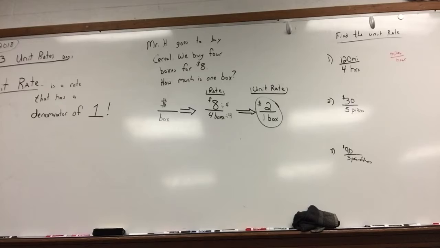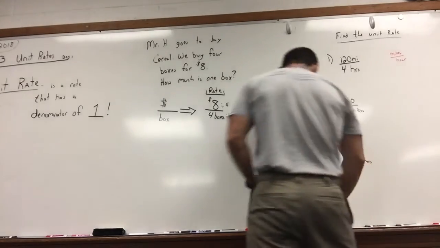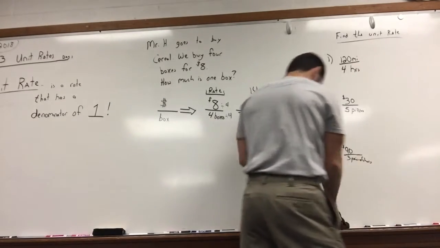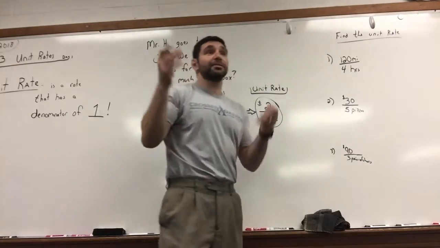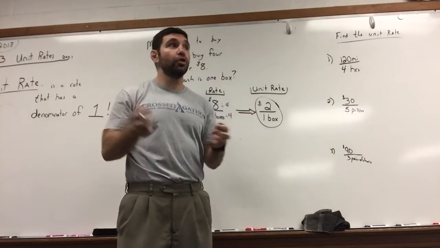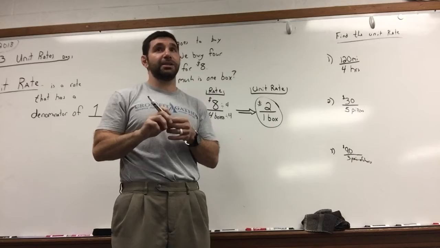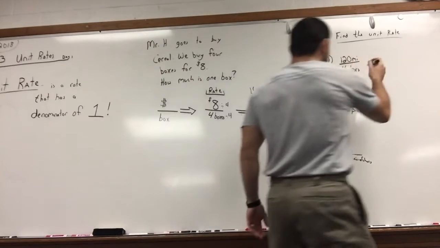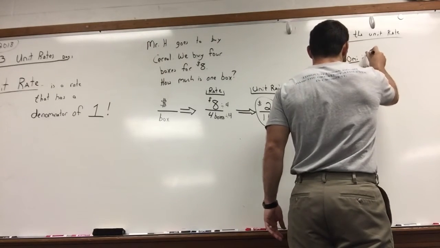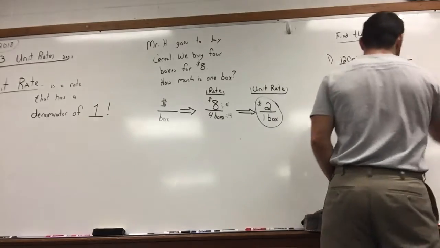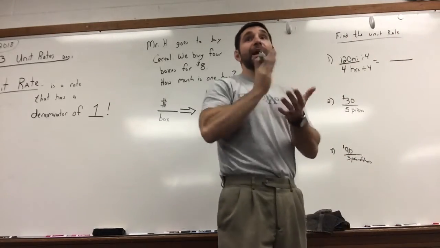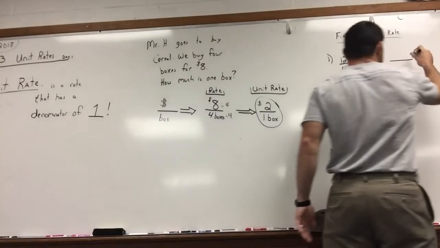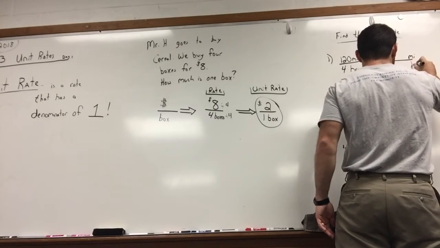Okay, so for unit rate, number one, what do I have to divide both numerator and denominator by, Jess? By 4. So I divide this by 4 and this by 4. Now listen, my first thing that I would do is keep the units. I would keep miles.